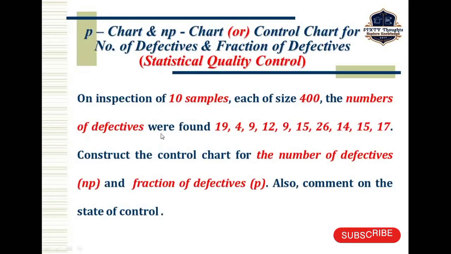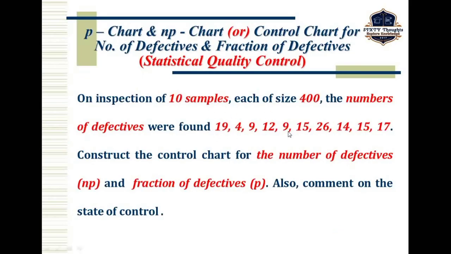From the given statement, we have total sample size 400. Out of 400 samples we are taking 10 samples at a time. So they have given 10 samples' defective values.